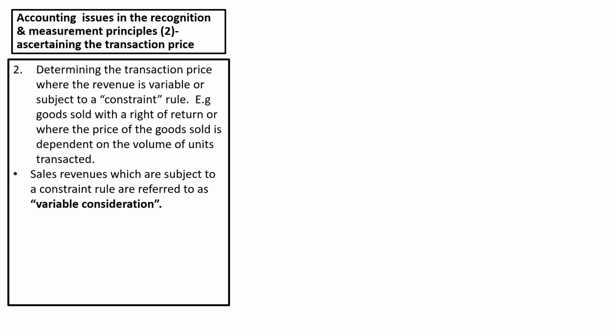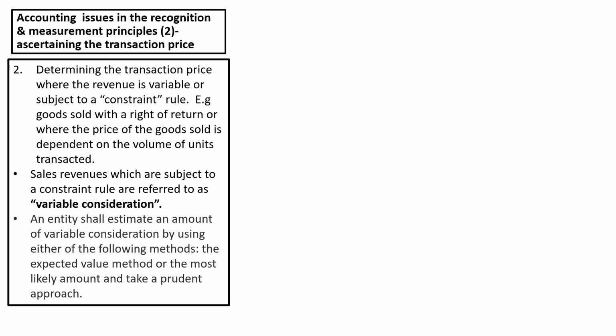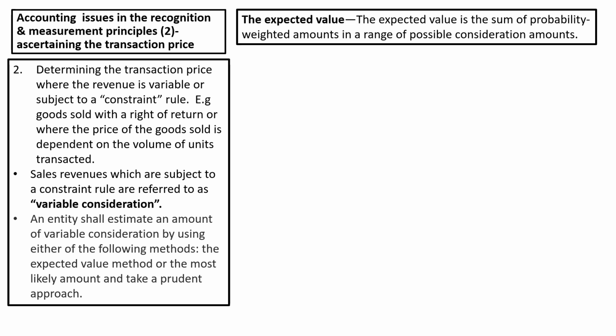Sales revenues which are subject to a constraint rule are referred to as variable consideration. An entity shall estimate an amount of variable consideration by using either of the following methods: the expected value method or the most likely amount, and take a prudent approach.